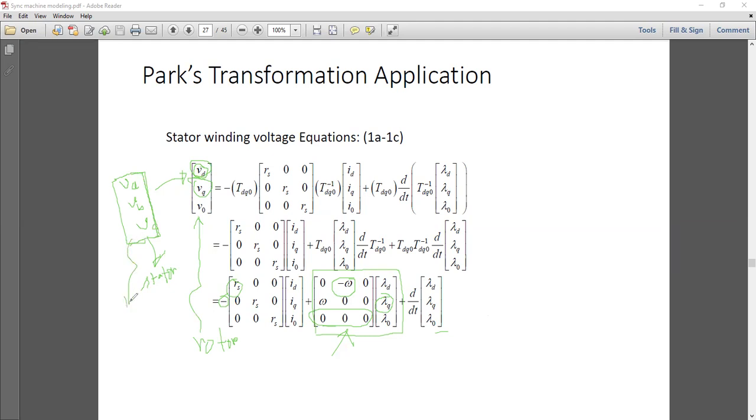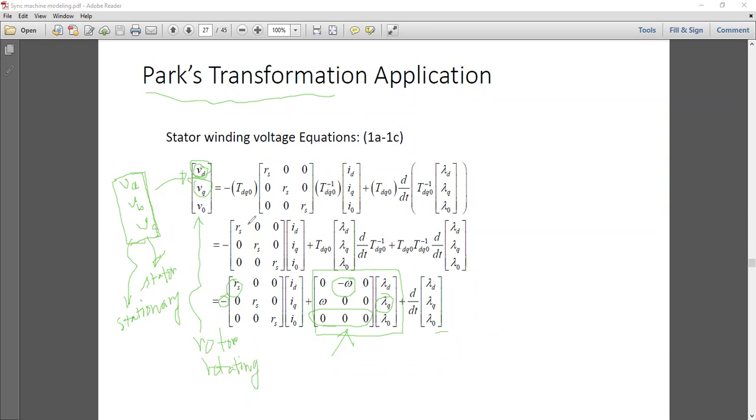So the stator is basically our stationary frame. So we were in the stationary frame, and by transforming with the help of the Parkes transformation matrix, we are moving into some rotating reference frame. Okay.